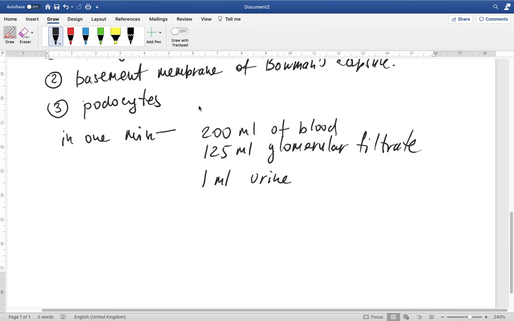So can you just appreciate just how much work your kidneys are doing for you every single minute of your life, from your birth all the way to the time you're really old. And so it's just a tremendous amount of work.